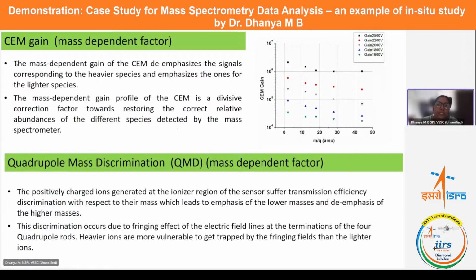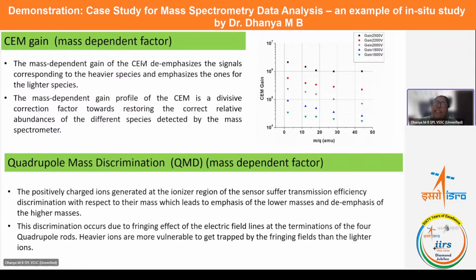Because we are using a CEM, any signal is amplified. Whatever signal we get at the output is an amplified version of what is really detected. So we have to correct for the gain. If the gain were uniform throughout all mass channels, it would be one factor. But this gain is a mass dependent factor, which we have calibrated in the laboratory.